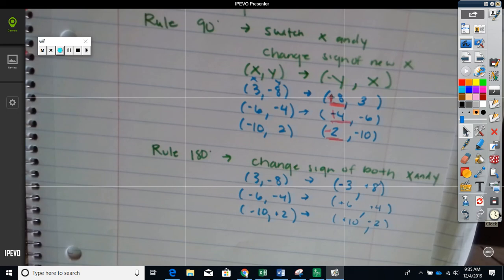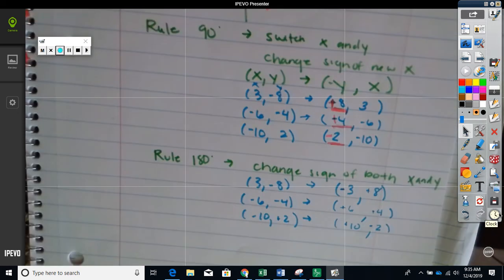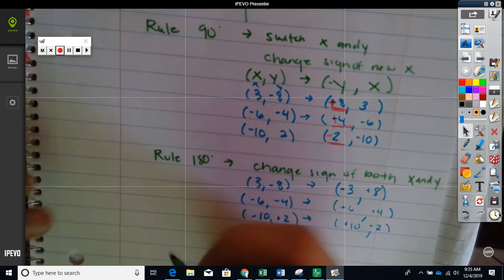Now, you could technically write a rule for 270, but what you'll do is you can use 90 plus 180 is 270, so you do this rule and then you do that rule. Okay? I could give you the rule, but a lot of times, sometimes it gets a little bit more confusing. I guess not really, huh?